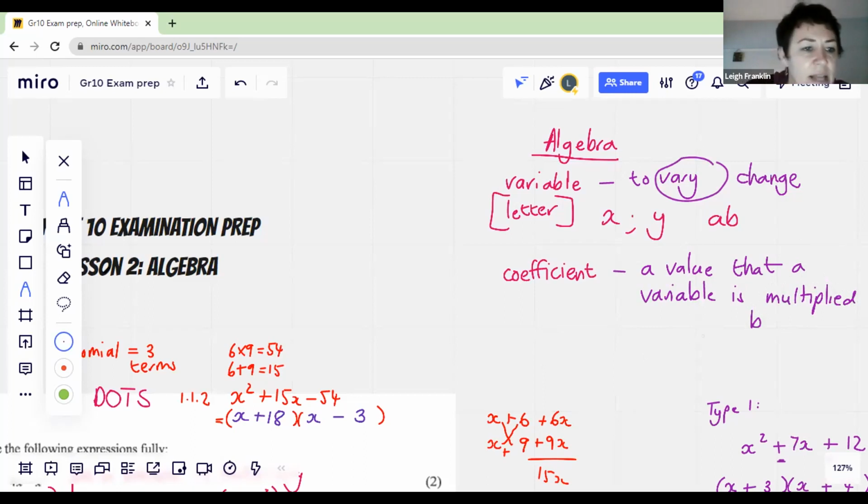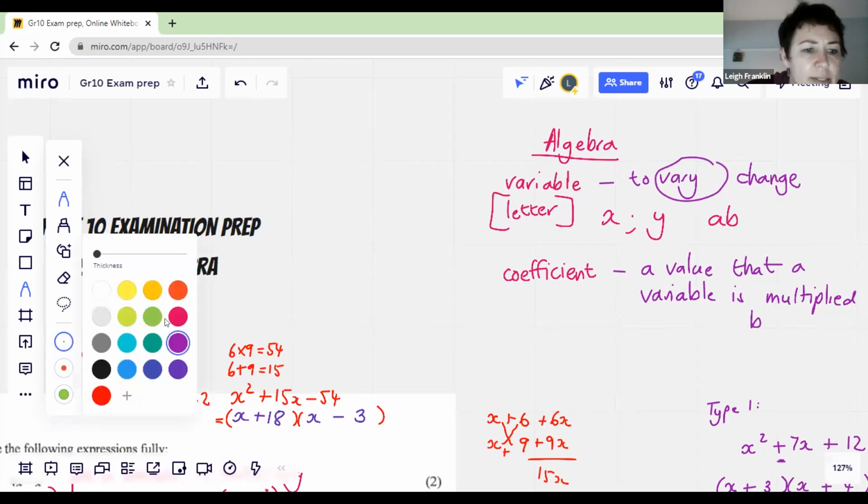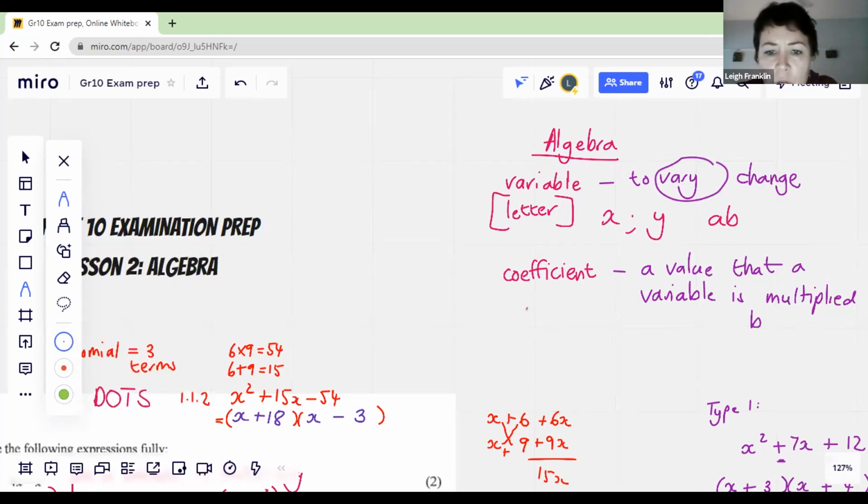So if I say something like, here is an algebraic expression, 2x, then x is the variable and 2 is the coefficient. So coefficient is a value that the variable is multiplied by. If I write 2x, I mean 2 of x. Right, and I'm allowed to write it like that, 2x.